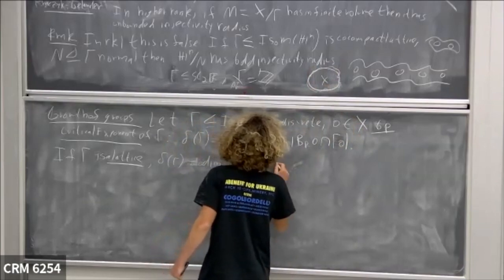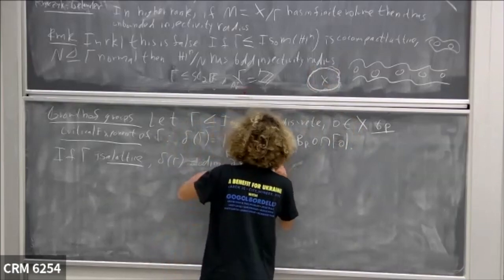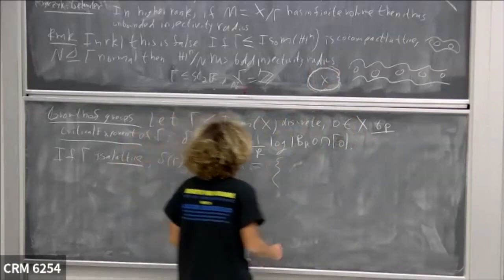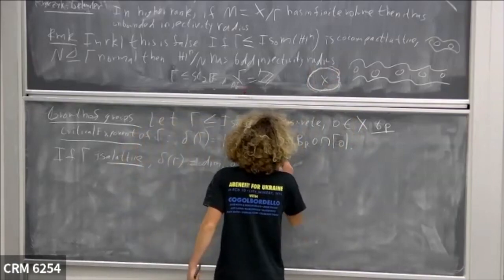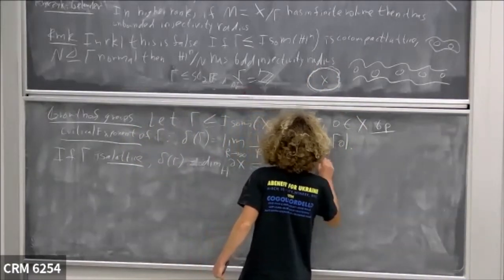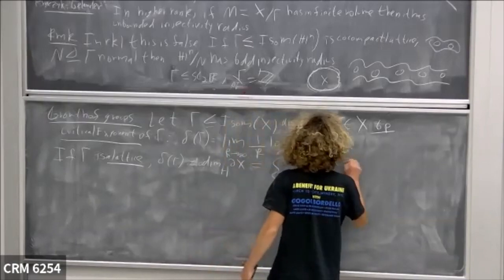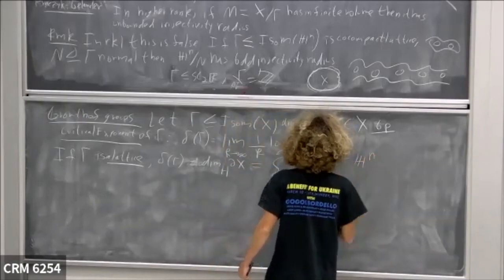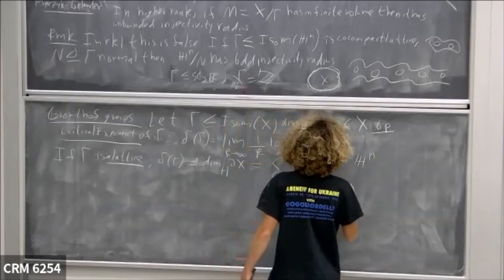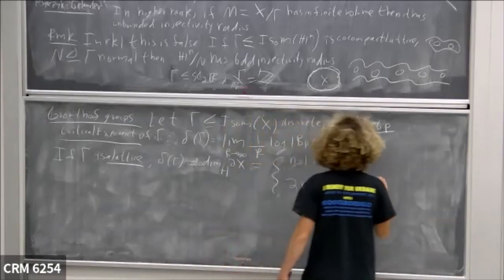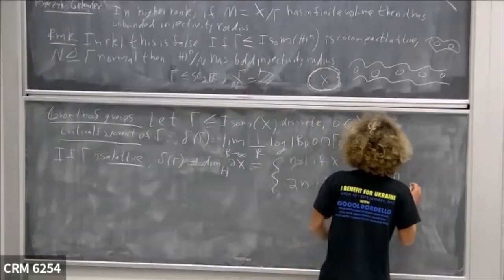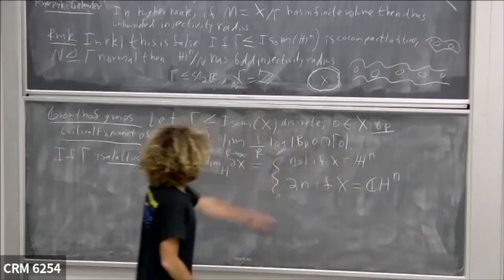I'm not going to talk deeply about what I mean by Hausdorff dimension here, but this equals n minus 1 if X is H^n, and this equals 2n if X is n-dimensional complex hyperbolic space.